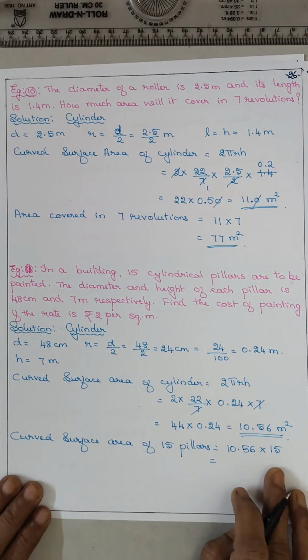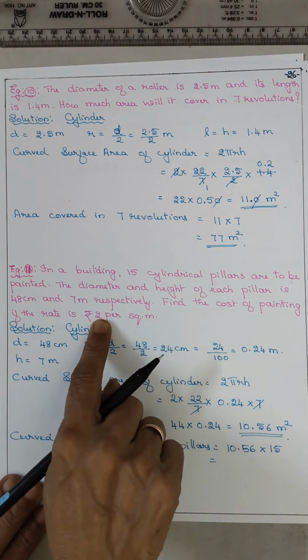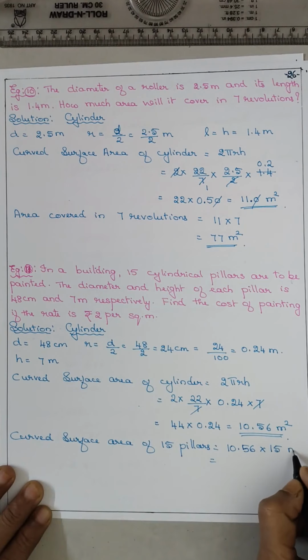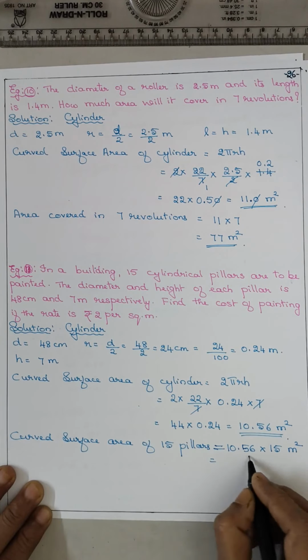You can multiply, otherwise directly one more time it is there. So keep it like this only first.